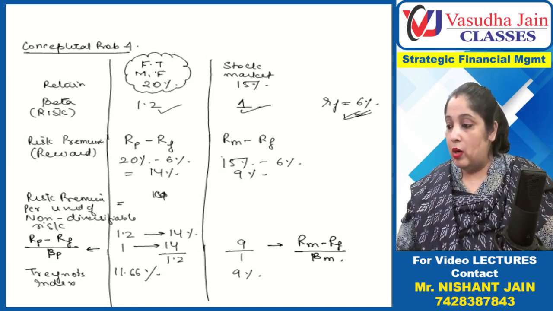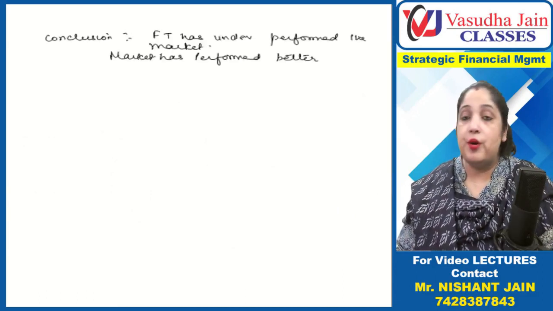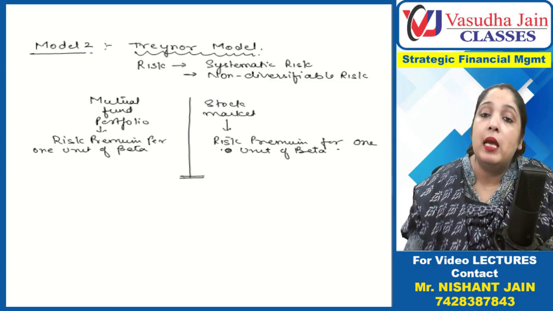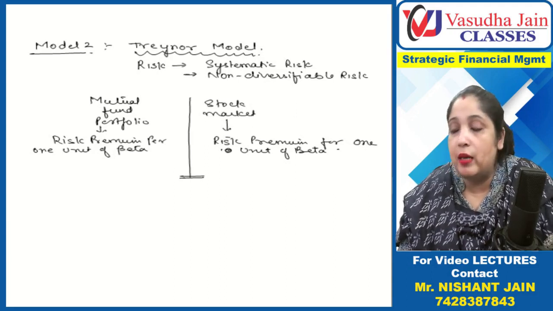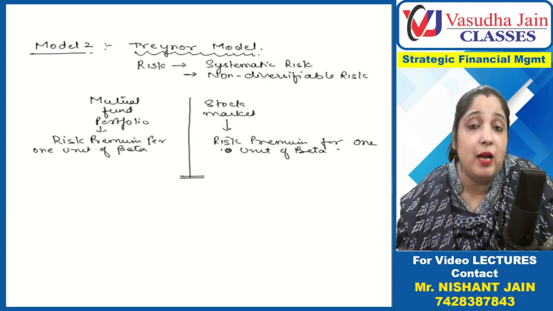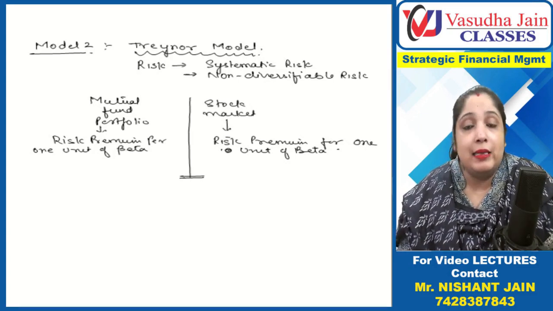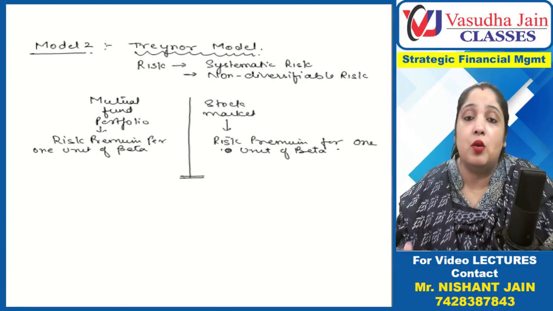Please write it down, and I am writing some little notes on your Treynor model. Treynor model basically is similar to Sharpe model. Here the only risk we are considering is non-diversifiable risk, because diversifiable risk would have been diversified by creating a portfolio, so excess return will not be offered. Excess return one should get because he is bearing risk. Which risk?